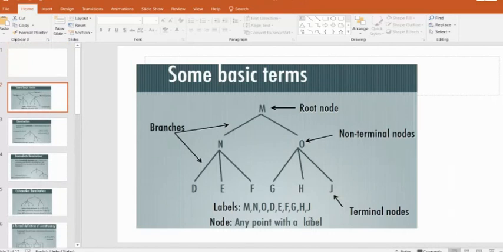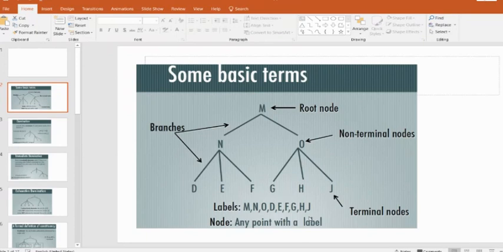That one. Yes. O in this case is daughter of M, N, right? But then it's sister of N. So it means that N C commands O, G, H, and J. Yes, that's right. Got it now. That's right. But J does not C command N. Okay. That is the notion of C command.